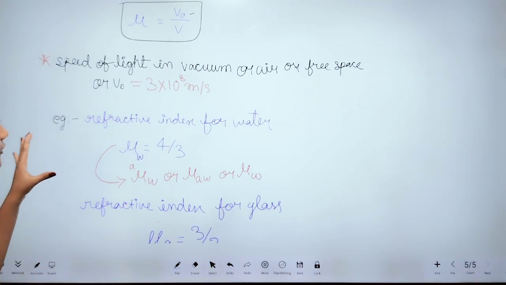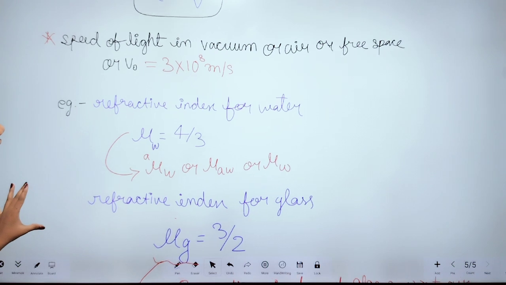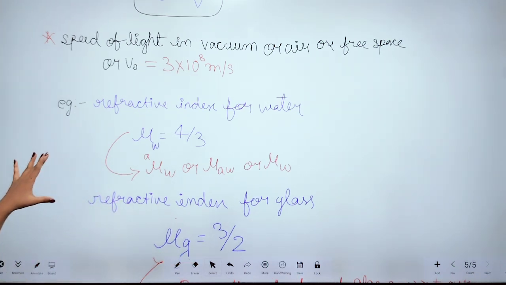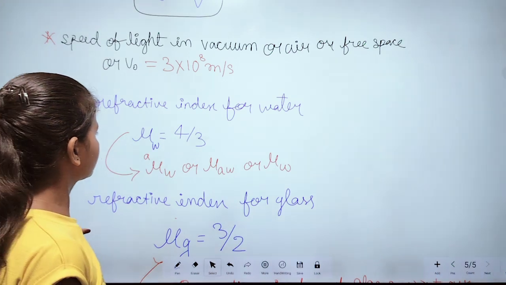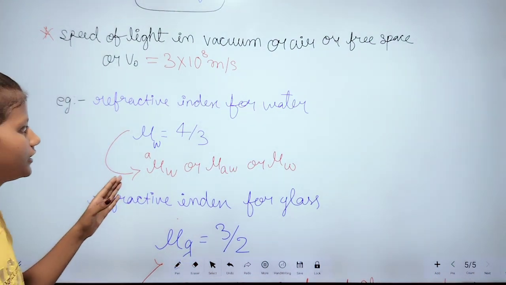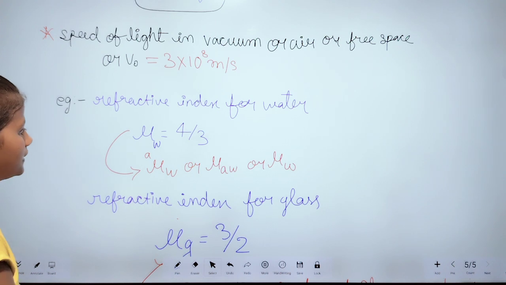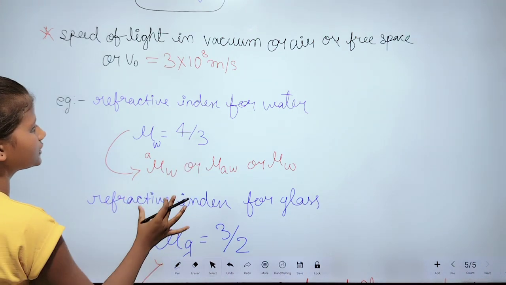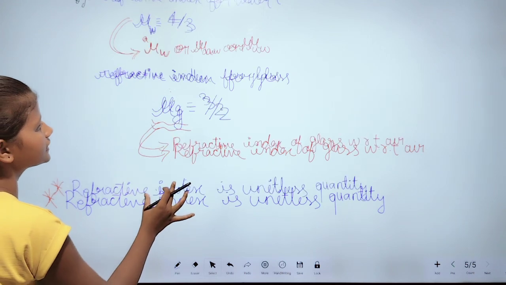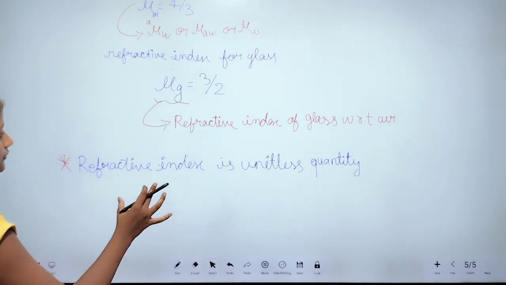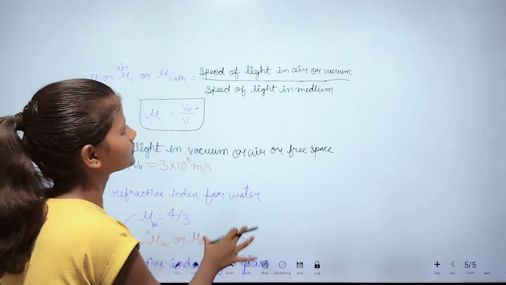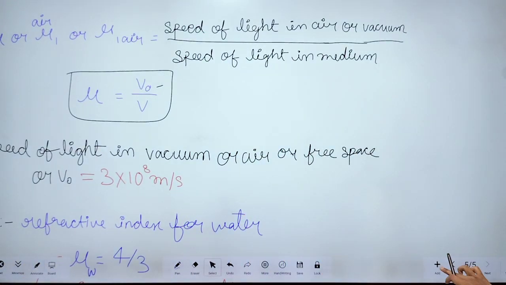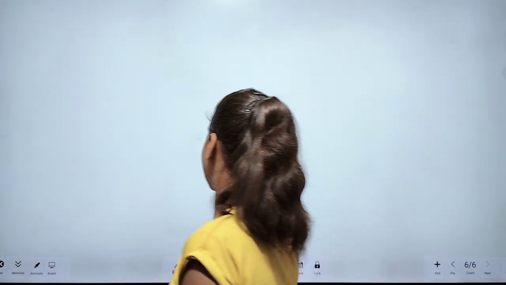For example, refractive index of water with respect to air is equal to 4/3, refractive index of glass is 3/2, and refractive index is a unitless quantity. Now let's see about relative refractive index.